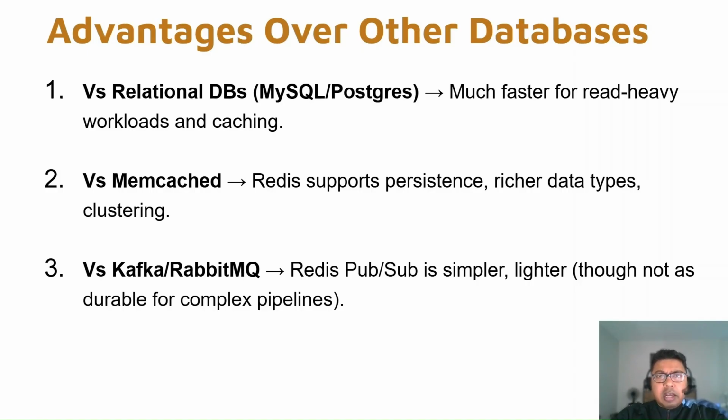But overall, Redis has huge advantages. Once you start using it, you will understand. It's phenomenal, very very fast. I cannot even explain how fast Redis is. Instead of calling the database all the time, we should use Redis.